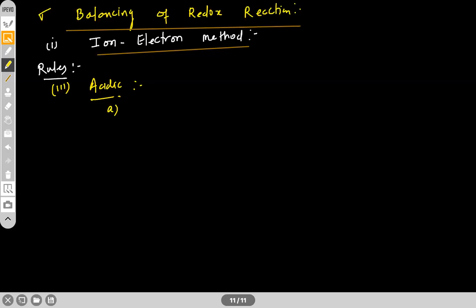To balance oxygen and hydrogen in acidic medium, we use these two points, and this is equally true when the medium is neutral. Acidic or neutral medium will follow the same rules A and B that you have done.